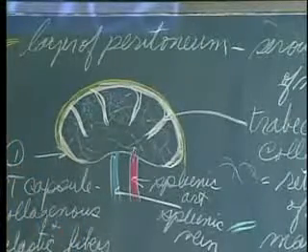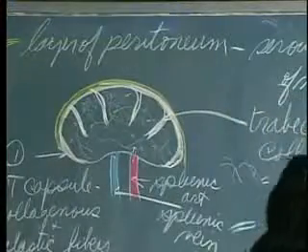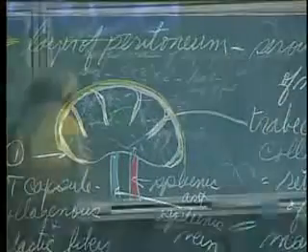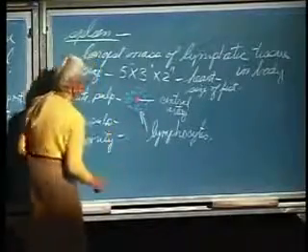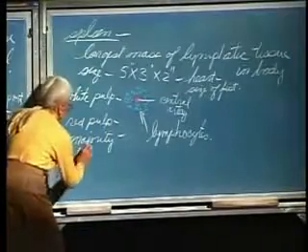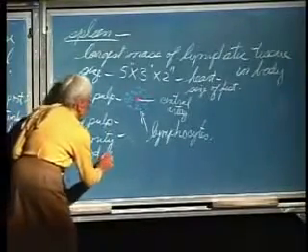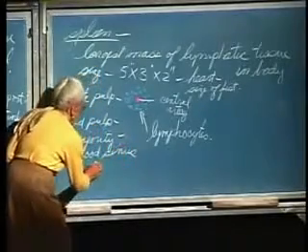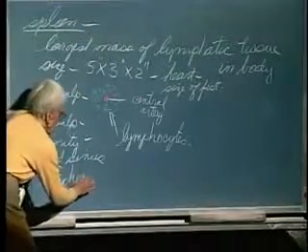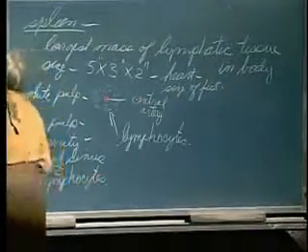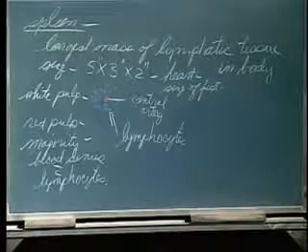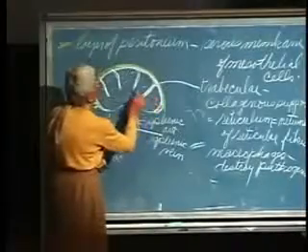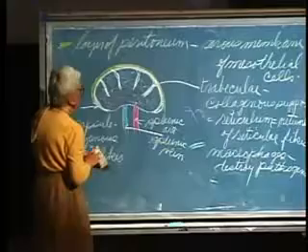The majority of the spleen is red pulp. And it consists of just blood sinuses with lymphocytes. So all of this will have blood with lymphocytes.